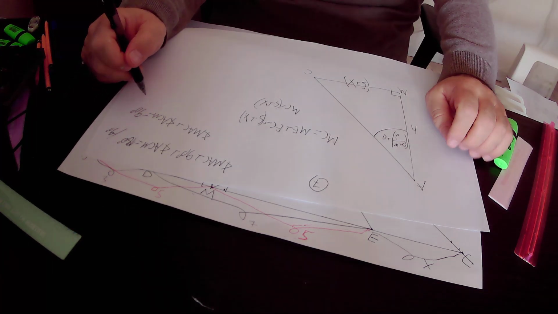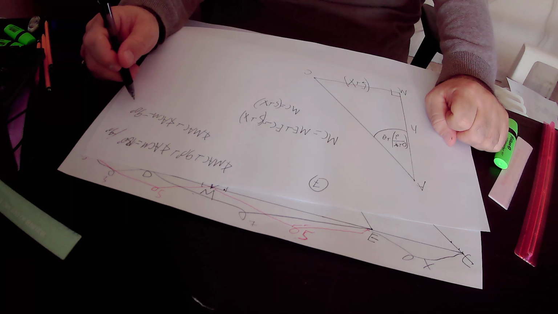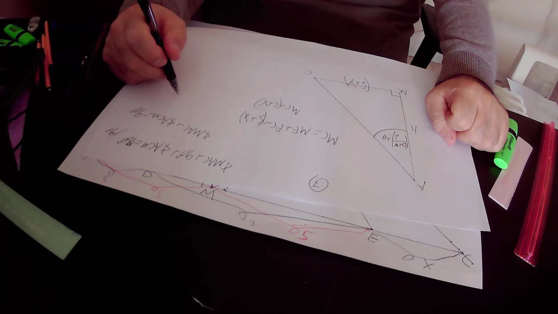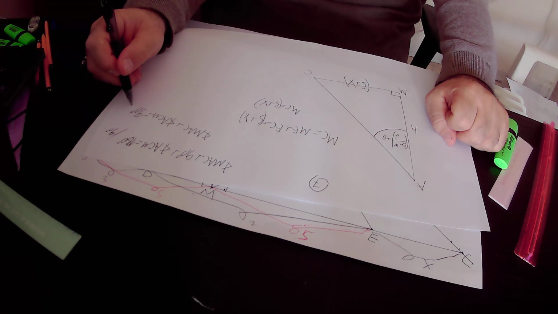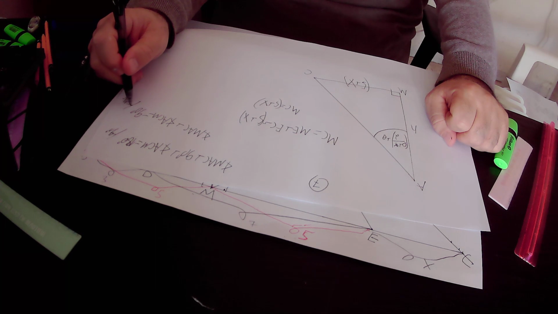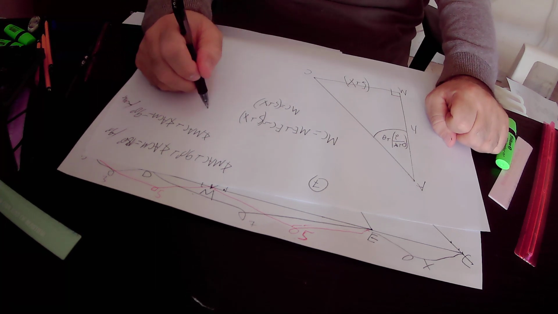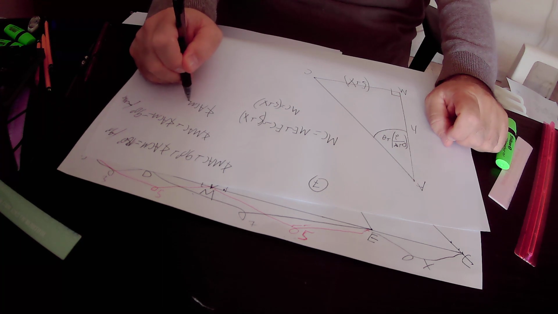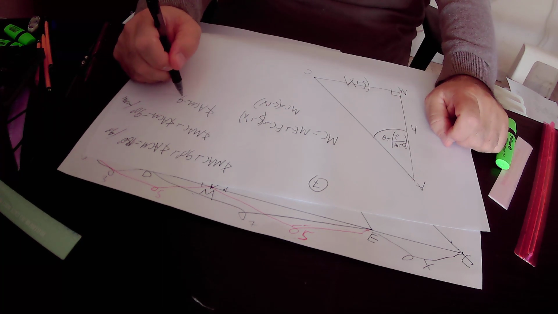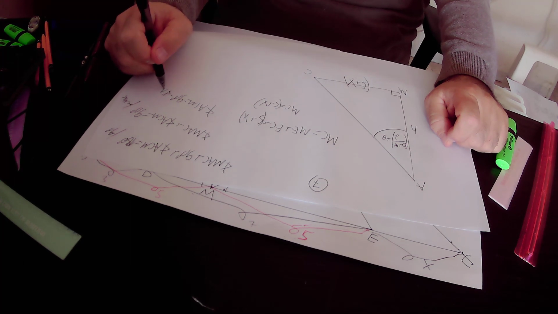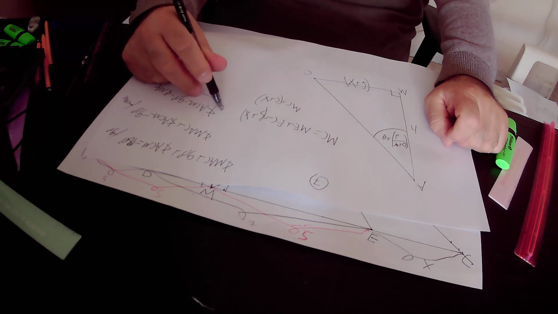So here we will subtract angle MAC from this equation and we will get that angle ACM, the angle that we are looking for, is equal to 90 degrees minus angle MAC.